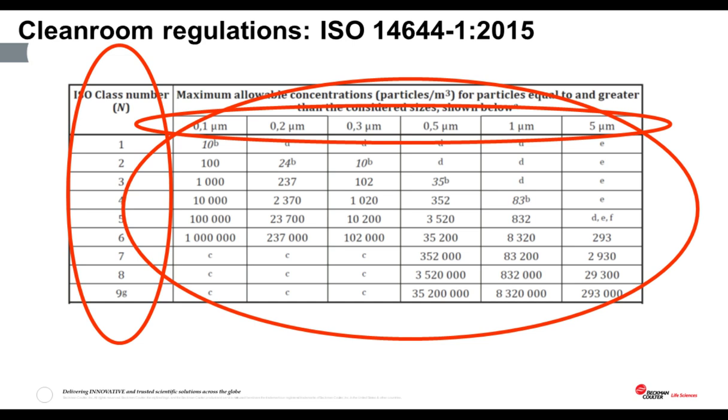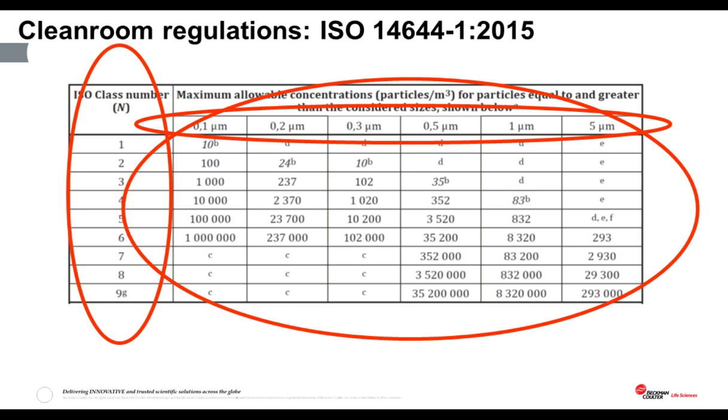Now, it has a wide range of cleanroom classes, as you can see, from 1 to 9, and it covers, again, a wide range of particle sizes from 0.5 microns up to 5 microns. And then it defines in the table the number of particles for each class. You'll notice this is the 2015 version of the ISO standard here.